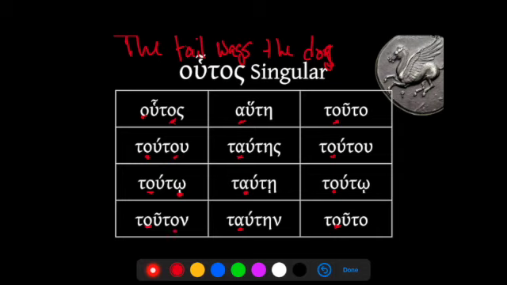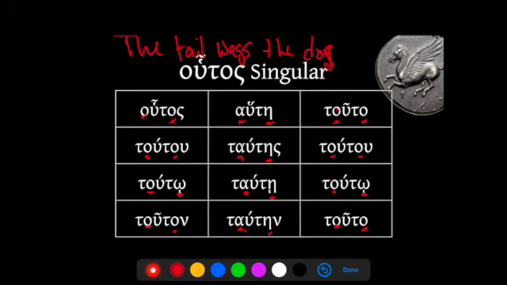So whenever you have an O vowel in the ending, we're going to get the corresponding vowel in the stem. And whenever we have an A vowel in the ending, we're going to get an alpha in the stem. So the tail wags the dog.